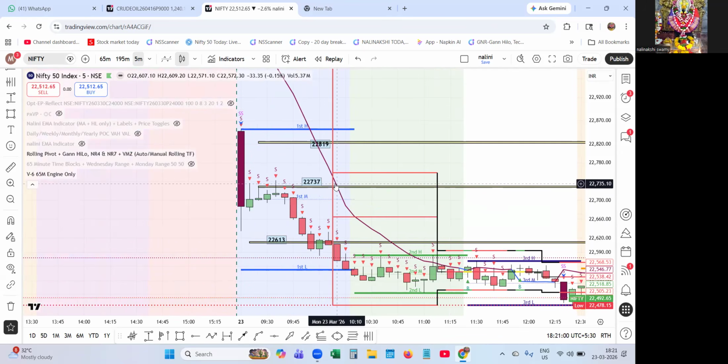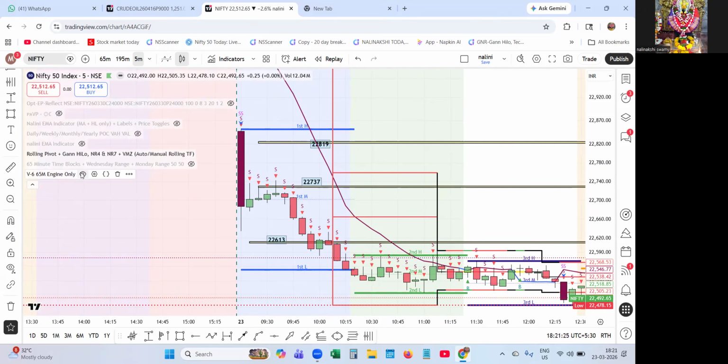When you are on the 5 minutes, you need to wait, because on the 5 minute, only after 60 minutes one box is formed. So you will not be getting the pivot and support and resistance over here. You have already got the pivot, support and resistance.